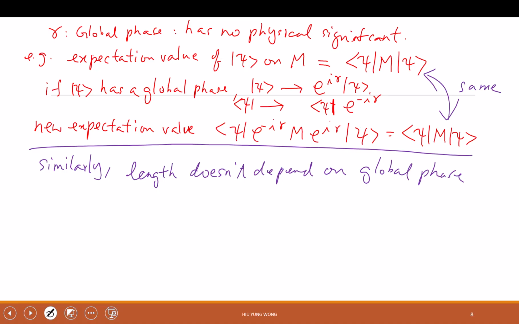And same for two vectors for inner product if we add the same phase to them. Okay?